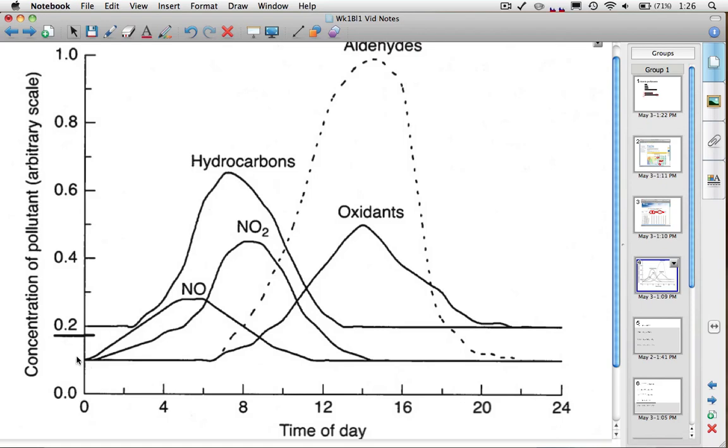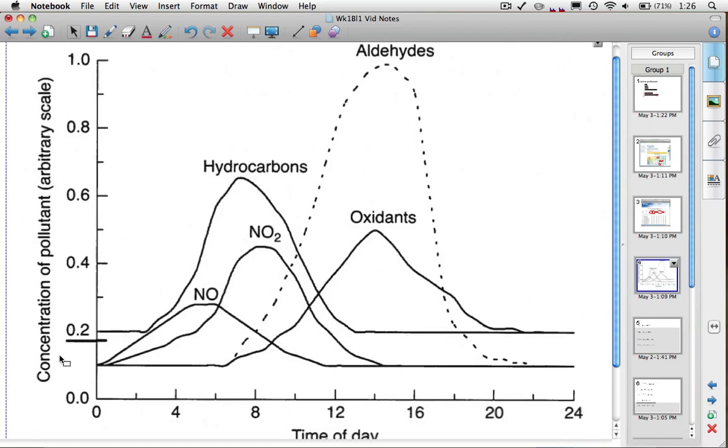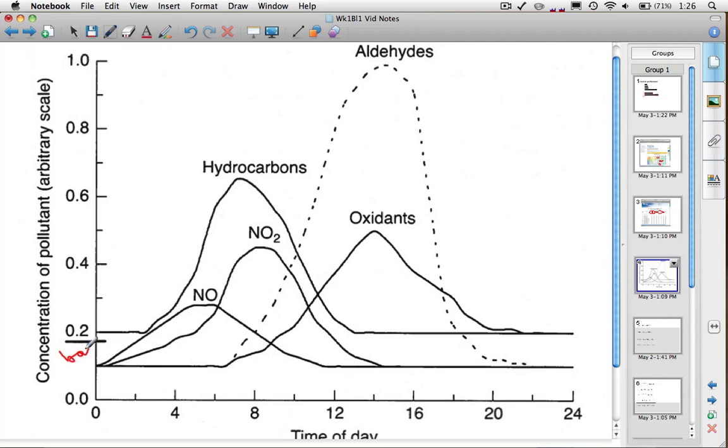This is sort of background levels right here. And then as time goes on, we first see a spike in hydrocarbons and NO. A little bit later, NO drops and NO2 is formed. And then both of these things drop, and instead we make aldehydes and oxidants. And in particular, the main oxidant we're going to be dealing with is ozone again.